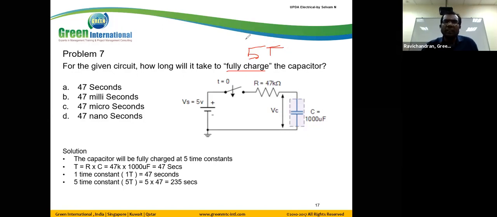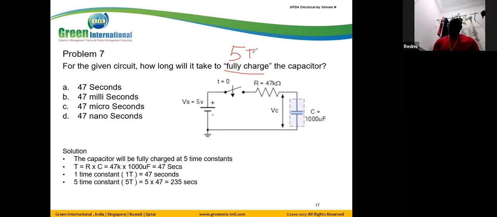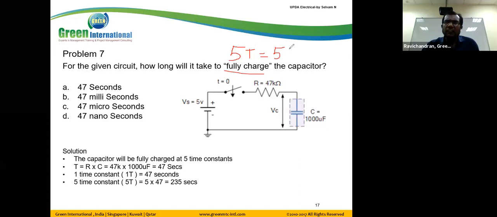So first we find the time constant tau, which is equal to RC, 47 seconds.